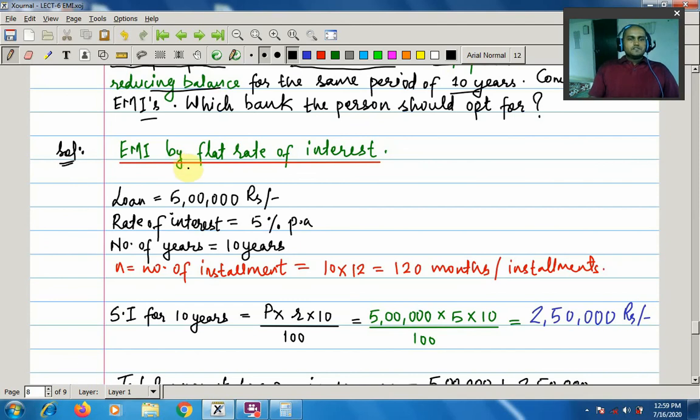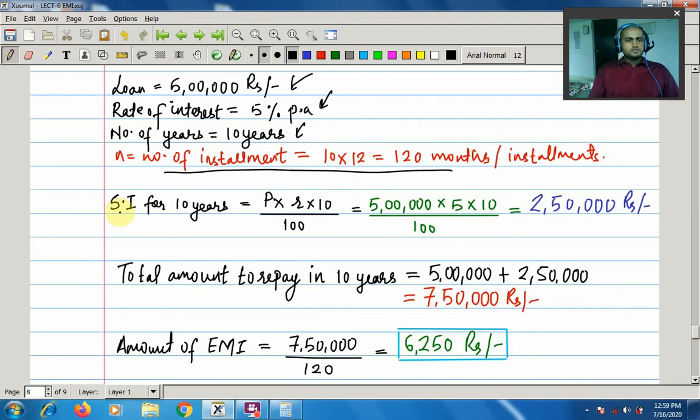So the first part is by flat rate of interest. Loan taken is 5 lakhs, rate of interest is 5% per annum, time is 10 years, so the number of months is 120. Simple interest for 10 years is calculated by this formula. So the interest you are paying on 5 lakhs is 2,50,000.